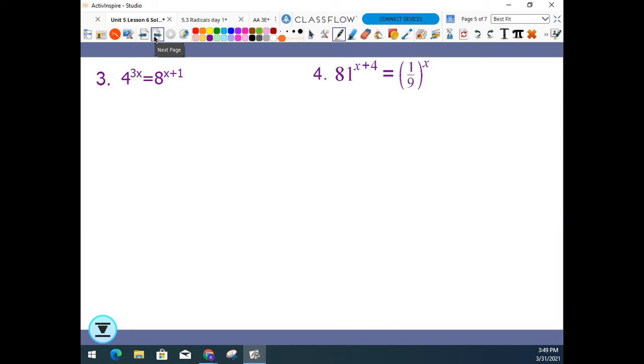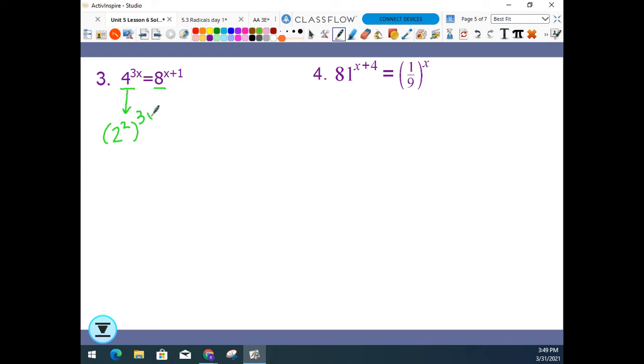All right, number 3 is a little bit trickier because I need to break down both the base of 4 and the base of 8. So you need to create them into the same base. If you're looking at your card, look at what row both 4 and 8 are in. 4 can be broken into 2 to the second power.